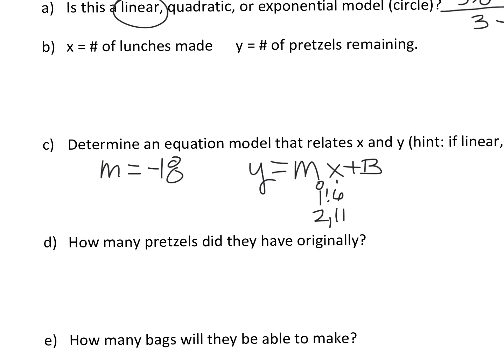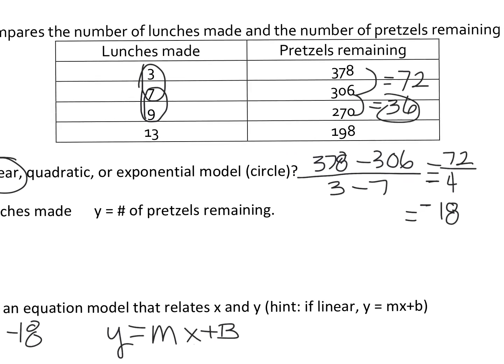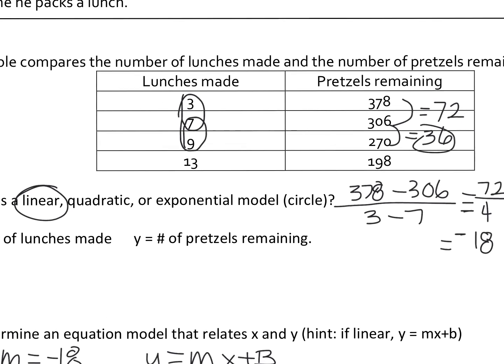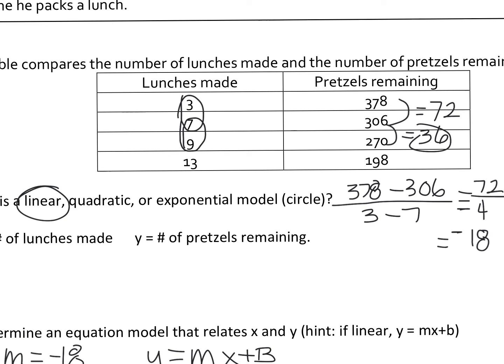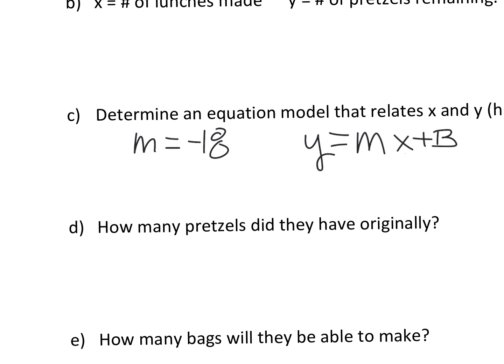The problem here, it's not that straightforward because look at the numbers that we have. Are we going to want to go all the way down to 0 lunches made? You could if you want to, but that seems to be a relatively difficult calculation.